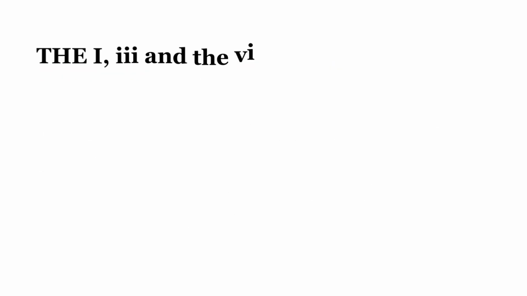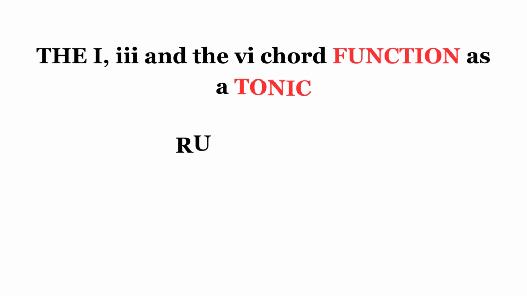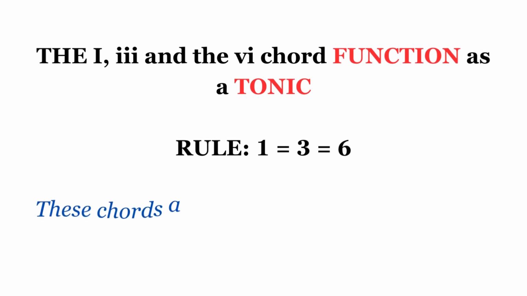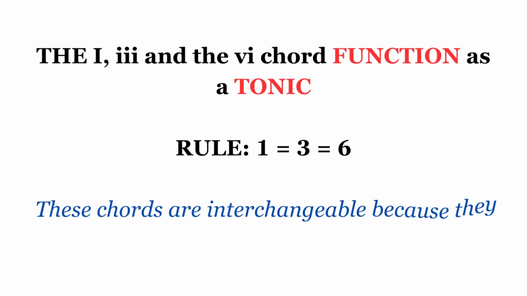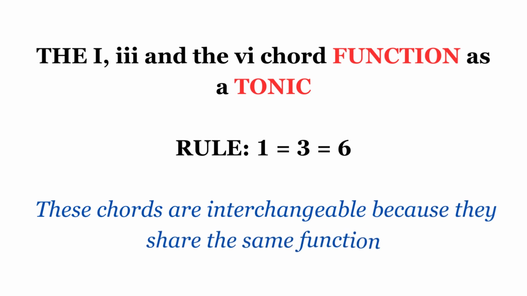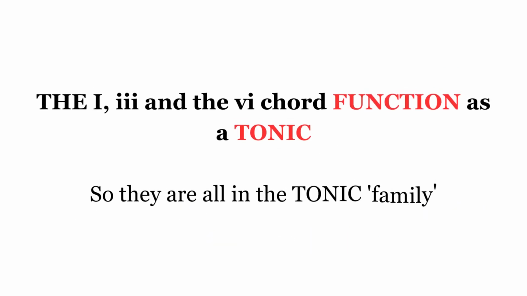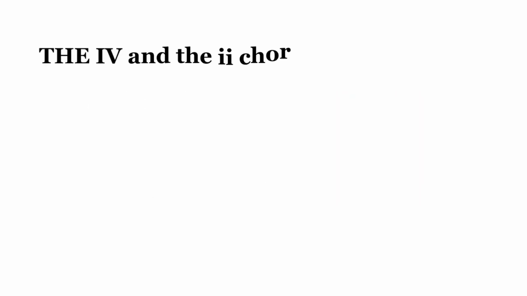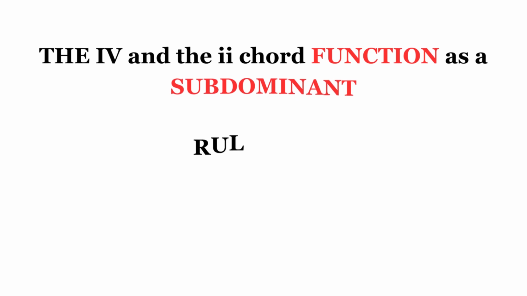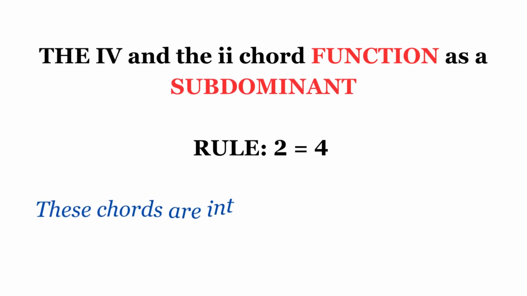The 1, 3, and the 6 chord function as a tonic. So here's the rule: 1 equals 3 equals 6. These chords are interchangeable because they share the same function. The 1, 3, and the 6 chord function as a tonic, so they are all in the tonic family. The 4 and the 2 chord function as a subdominant. The rule here, 2 equals 4.